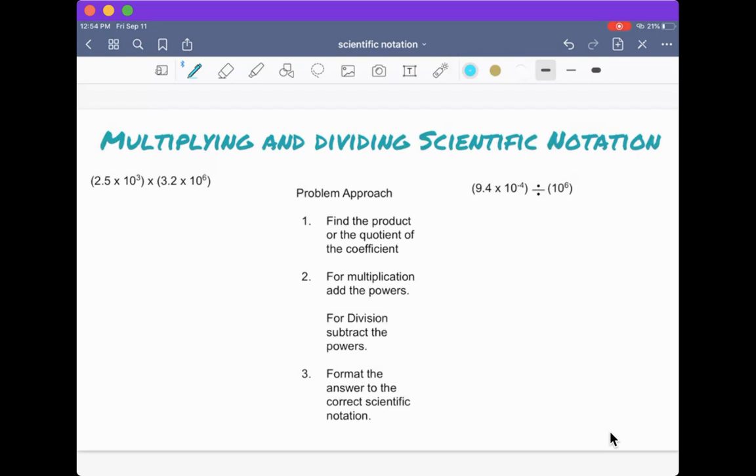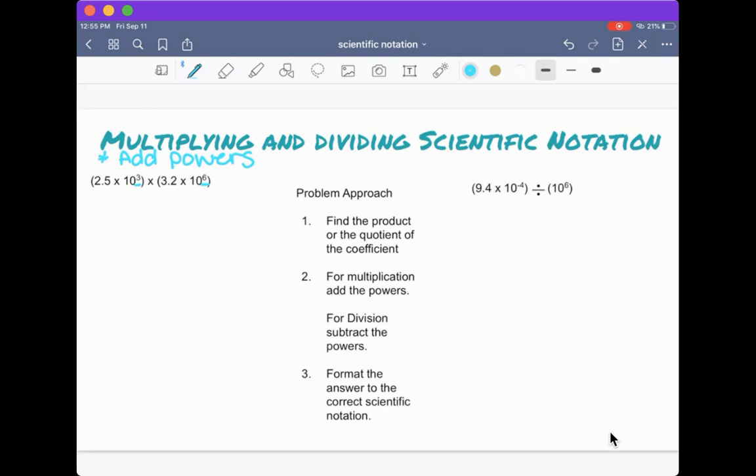So again, I have the problem approach steps here in the center, and I'm going to work through 2 sample problems to show you how we do this. With multiplying, you're going to remember we are going to add our powers. So when we're multiplying, we add our powers, the 3 and the 6.